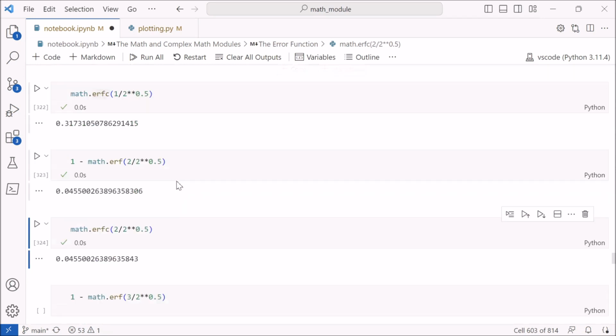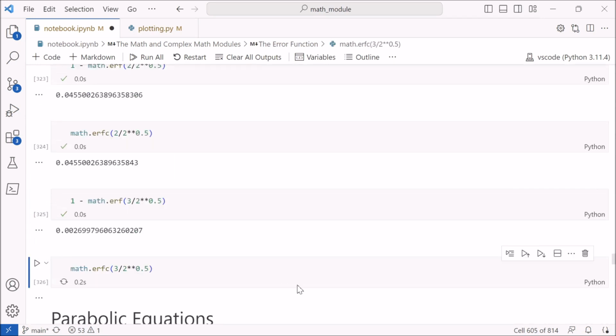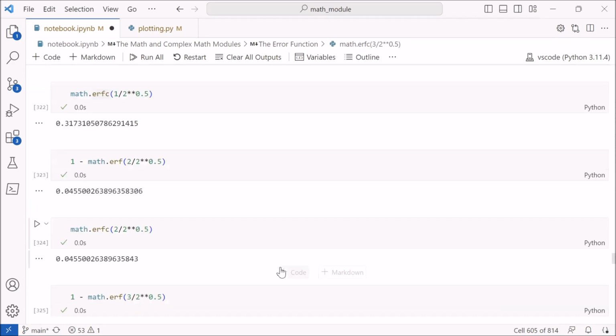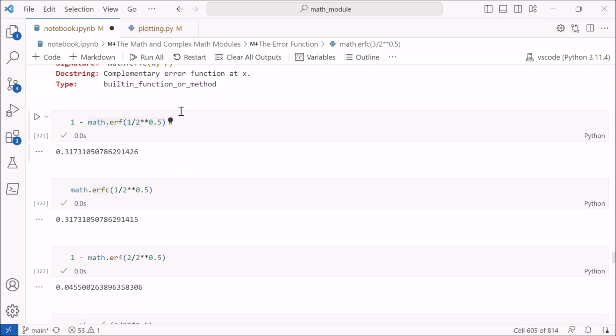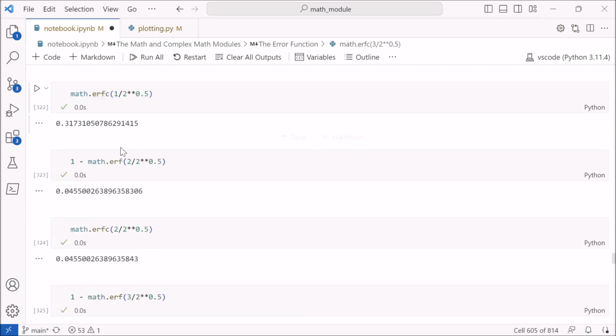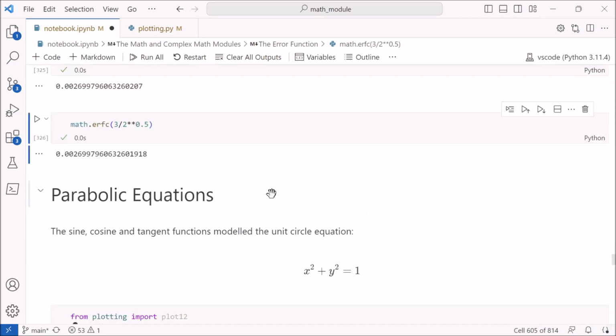So this is 1 standard deviation, 2 standard deviations, and 3 standard deviations. So this is the chance of not lying within 1 standard deviation, the chance of not lying within 2 standard deviations, and the chance of not lying within 3 standard deviations.